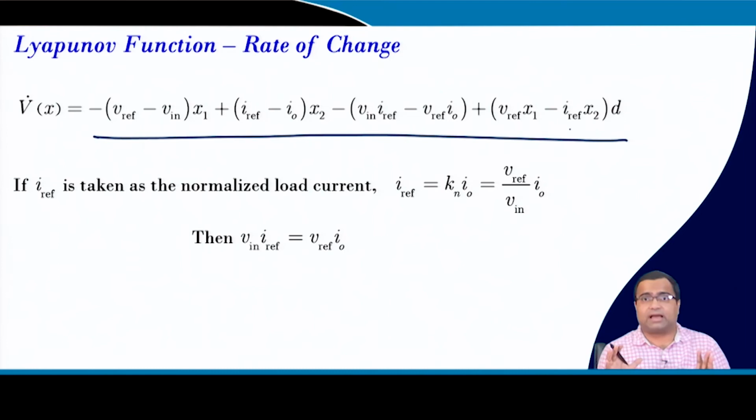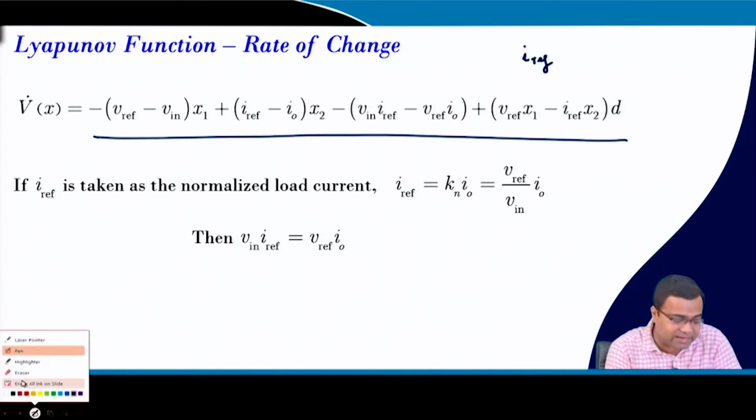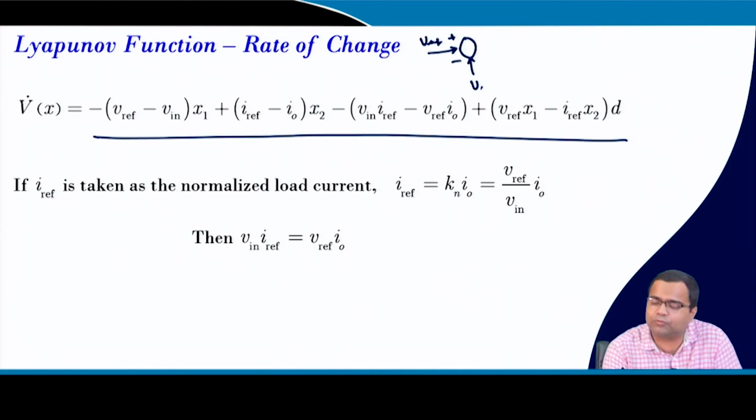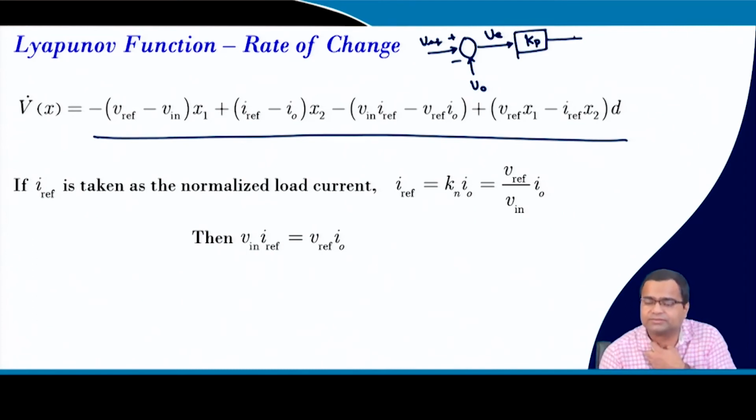Now, what is my reference current? I am talking about a state feedback realization, where we have a reference voltage and this is my output voltage. So, this is my error voltage, this into Kp, and here we have denoted this term to be x1.